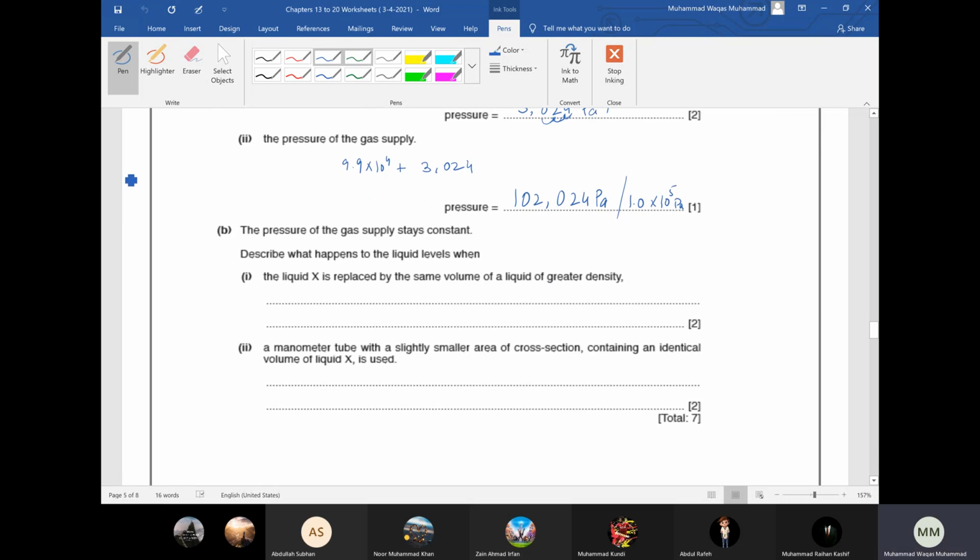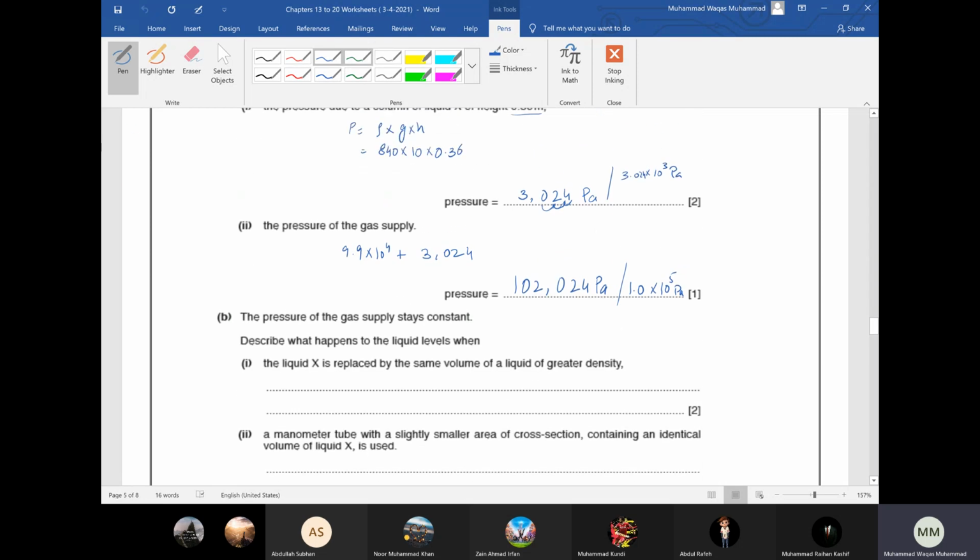Next, part B of the same question: the pressure of the gas supply stays constant, right? Pressure does not change. It means the gas supply has the same pressure, 102,024 pascal, which is greater by 3,024 pascals than the atmospheric pressure, right?